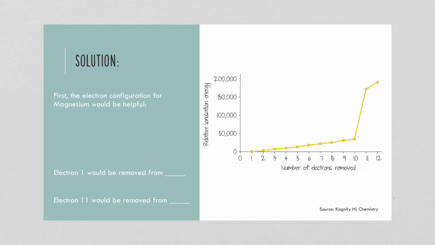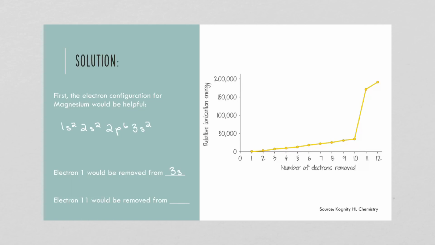So magnesium has an atomic number of 12, so the electron configuration would be 1s2, 2s2, 2p6, and then 3s2. So the first electron that is removed would be from the 3s sublevel.